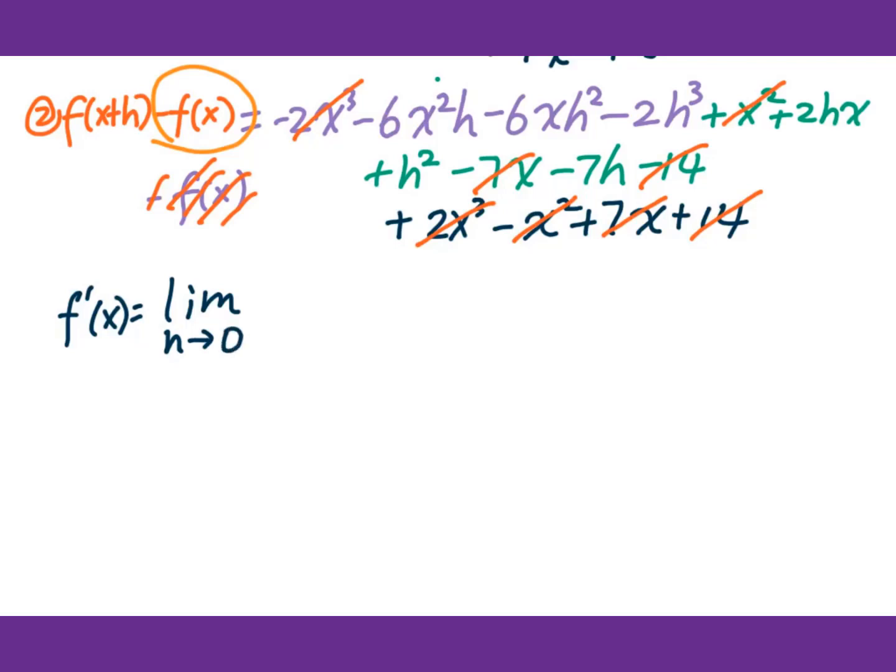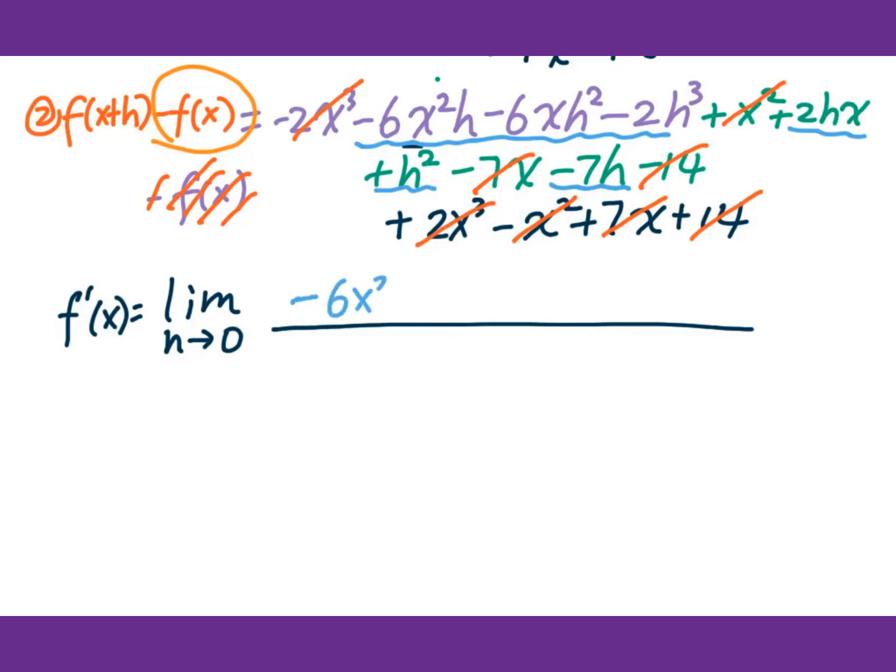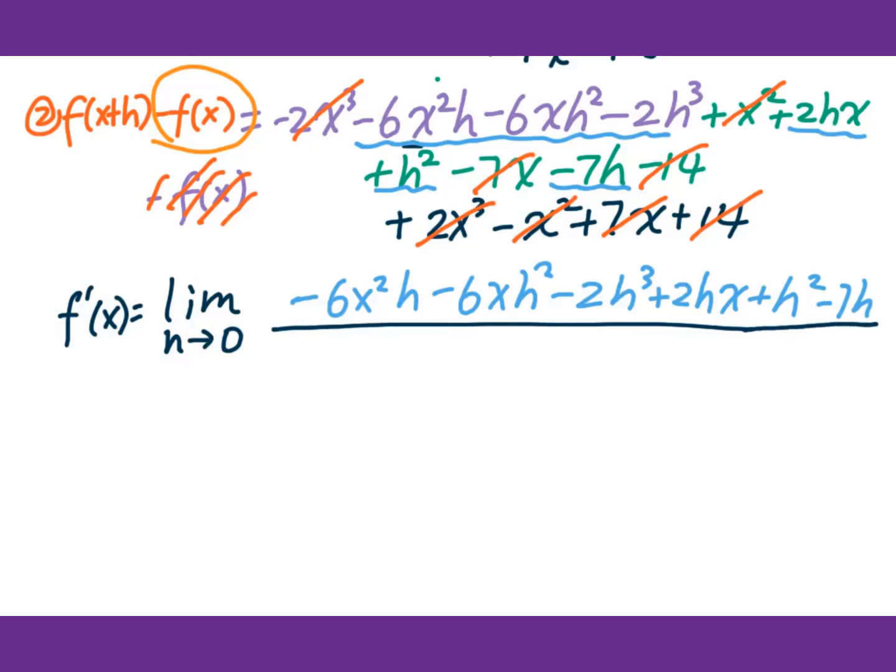Therefore, for the limit, that's the derivative of f(x). h approaches 0 of what's left. I write down negative 6x squared h minus 6xh squared minus 2h third power plus 2hx plus h squared minus 7h, then over h.